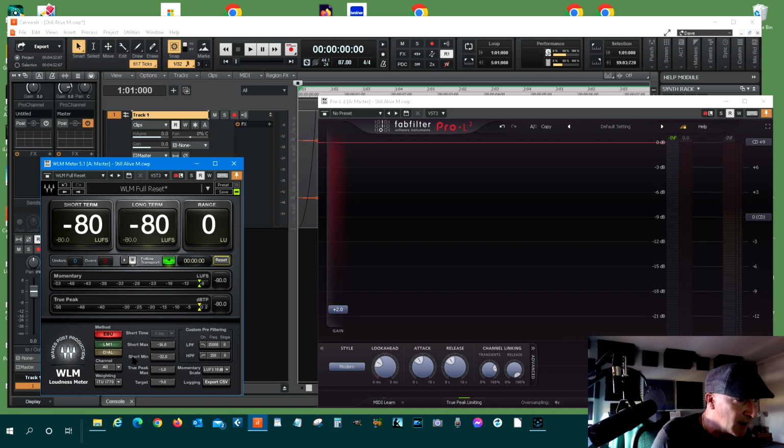Short term, short, min, and max, I've never set those. I've never touched anything else on this except the reset button, just to reset the short term, long term if I have to replay. There's obviously other options in here, and I appreciate it, but I don't use them. It's all about time, right? You want to just get things done.